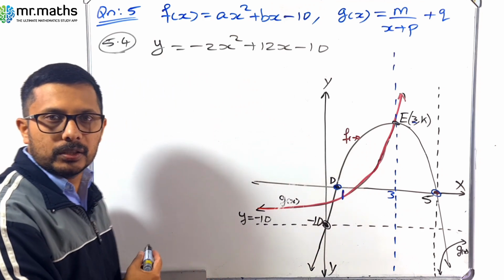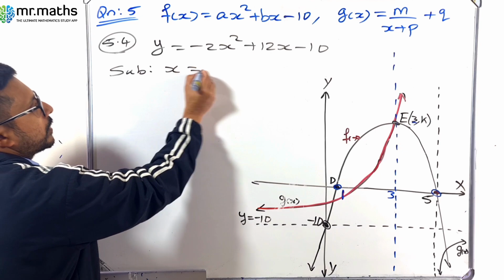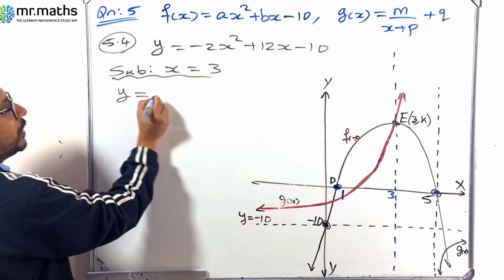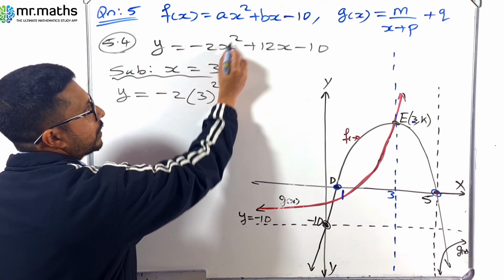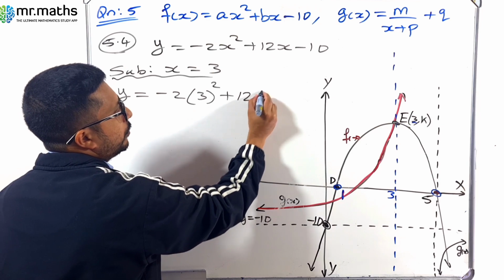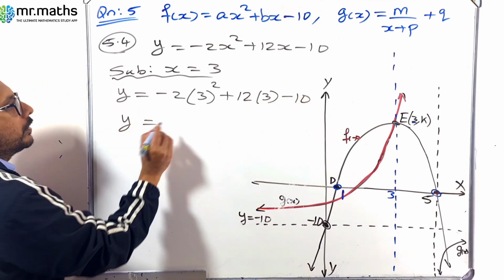X is 3. So we can substitute the value of x as 3 in this equation. So what is that one? Y is equal to minus 2 into 3 square, x as 3 square plus 12 into x, that is 12 into 3 minus 10. So check in your calculator.